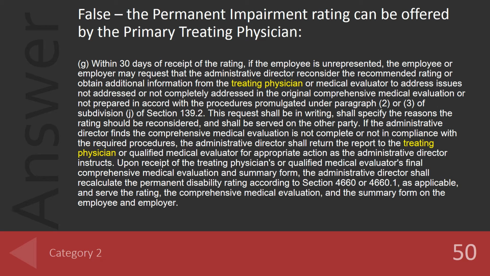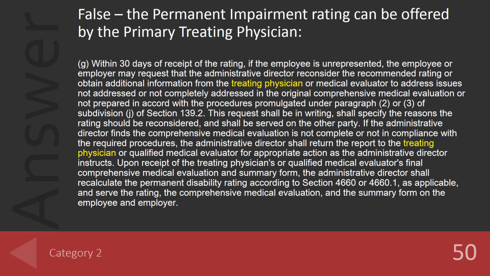So if the unrepresented injured worker does not feel that your permanent impairment rating is an accurate representation of their condition, they can request a reconsideration, and they submit this request to the administrative director. And of course, they have to specify the reasons that they're requesting a reconsideration.